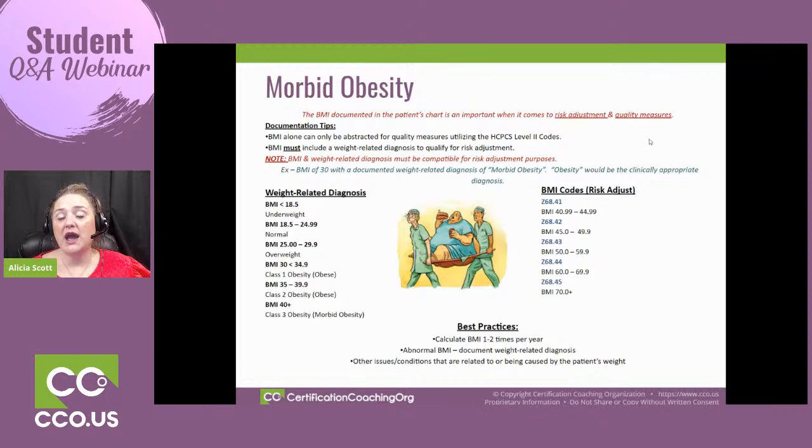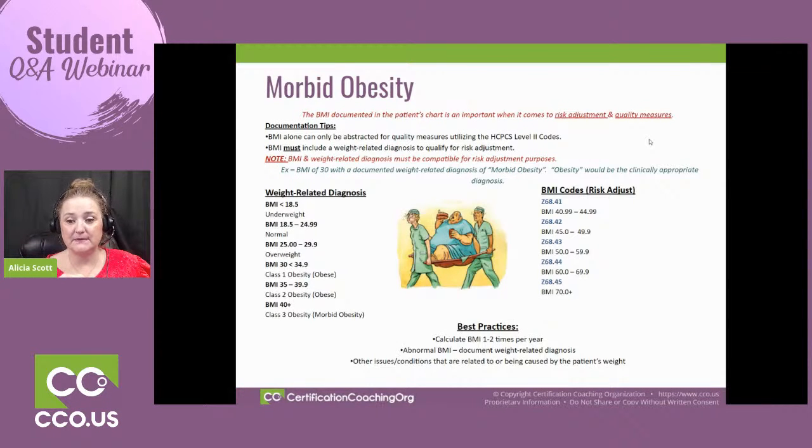So if you have a BMI documented, which is really common, the clinician usually documents that when you take the patient's vital signs and weigh them and do the height. The BMI is documented up there with the vital signs. Now, if it's below 40, it doesn't carry an HCC. That you need to have memorized.